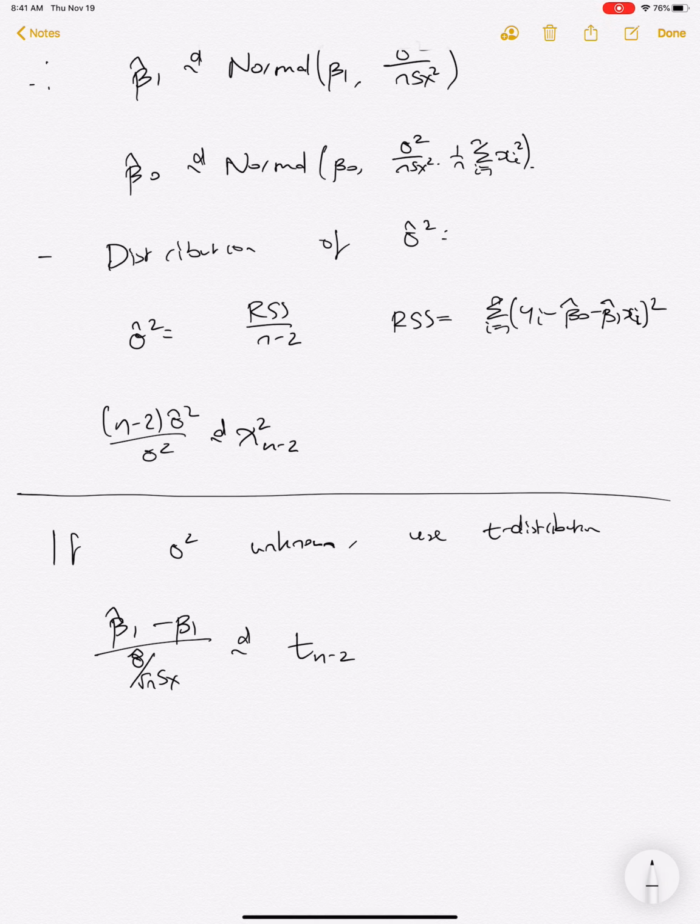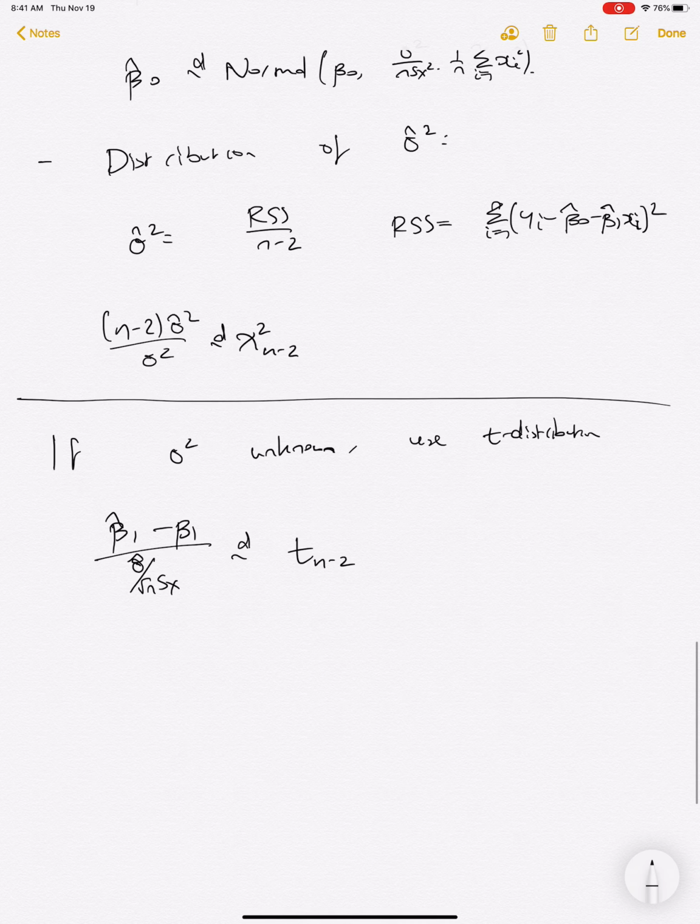The numerator and the denominator both contain sigma, and they're going to cancel out, and you're going to get a normal divided by the square root of a chi-squared.